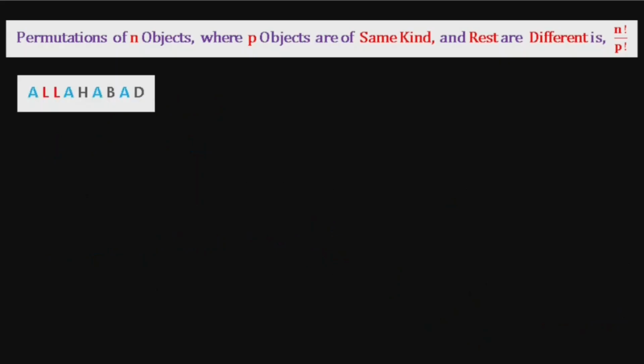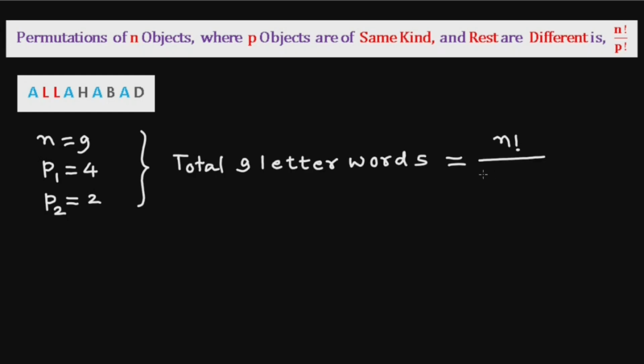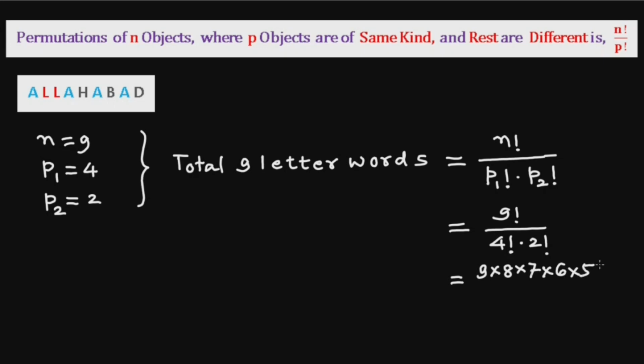In the word ALLAHABAD, there are 9 letters, so n is 9. There are 4 A's which are of the same kind, so p1 is 4, and there are 2 L's, p2, which are of the same kind. So the total number of permutations, total 9-letter words, will be n factorial upon p1 factorial into p2 factorial, which is 9 factorial upon 4 factorial into 2 factorial, which is 9 into 8 into 7 into 6 into 5 into 4 factorial upon 4 factorial into 2 factorial.